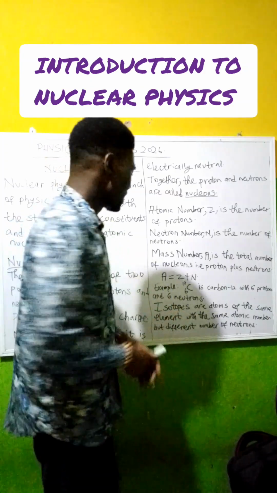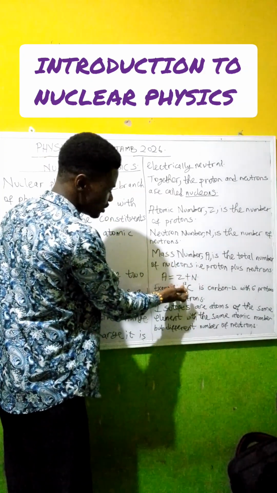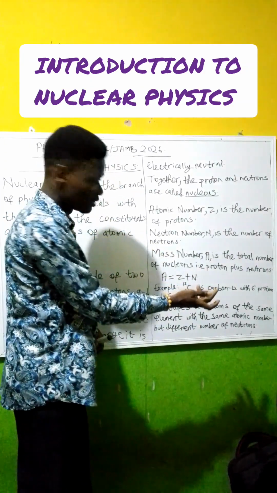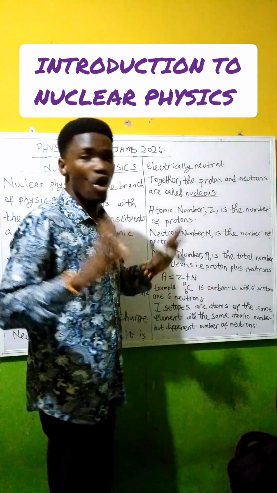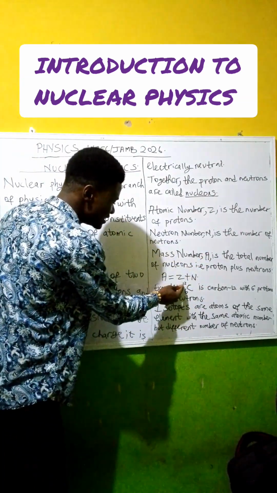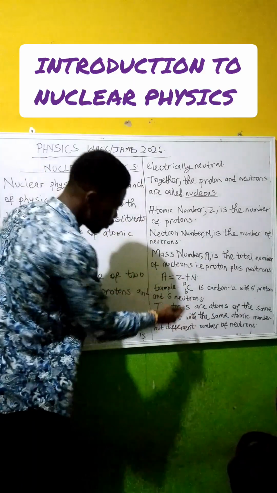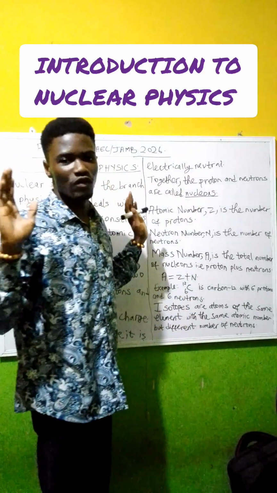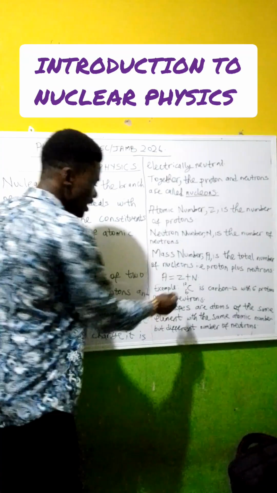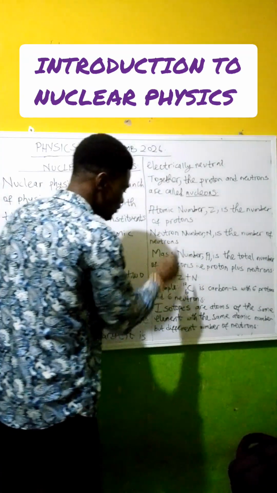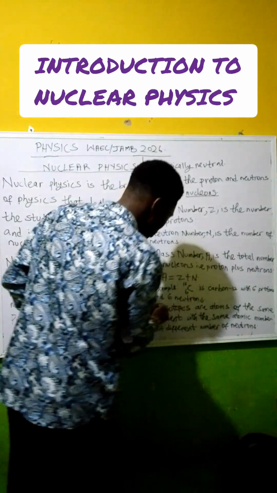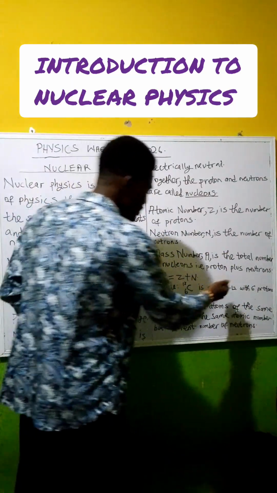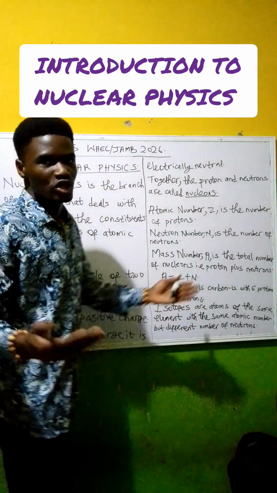The top is your A, and down here is your Z. To get the number of neutrons, you subtract Z from A and you get your number of neutrons. In this case, 12 minus 6 is 6. So 6 is the number of neutrons. This is carbon 12 with 6 protons and 6 neutrons.